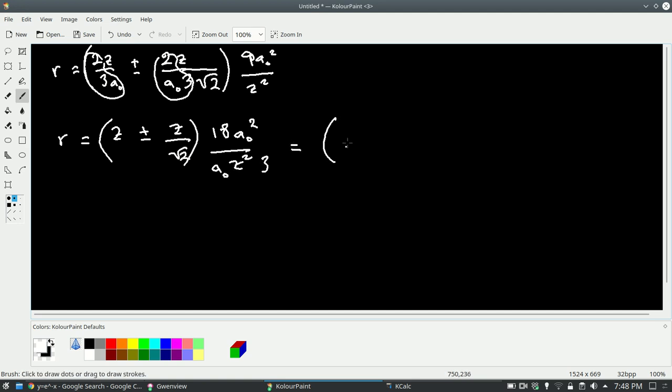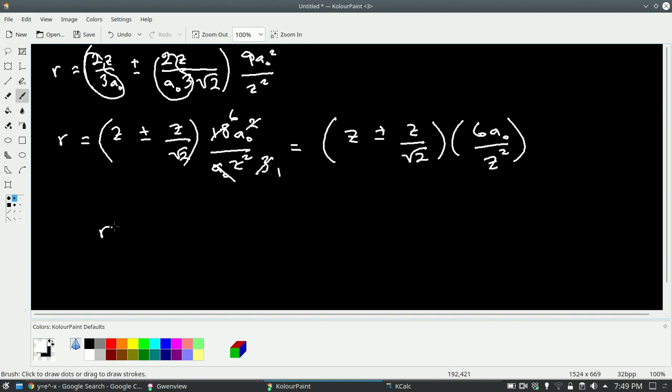Right, so that is really just z plus or minus z over root 2, and then times, so this cancels with the 18 to get 6, and this a naught cancels with this a naught, so I have 6a naught over z squared. All right, now I can also take out a z here. I don't know why I didn't think of taking out the z. Sorry about that. I should have taken out the z right at this point, but I'll do it now.